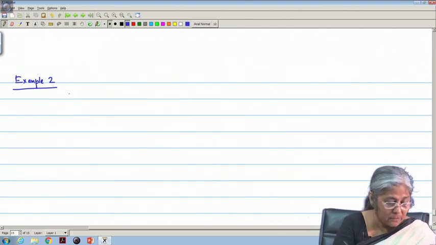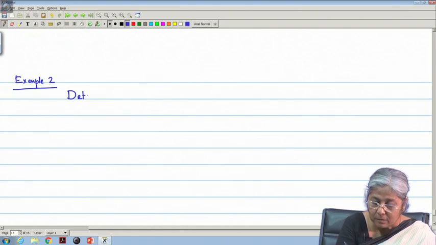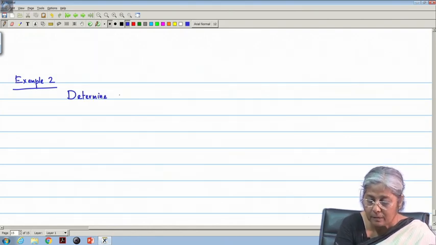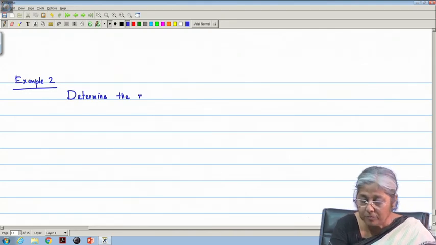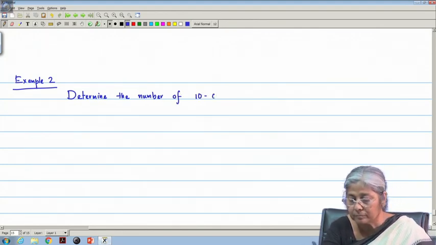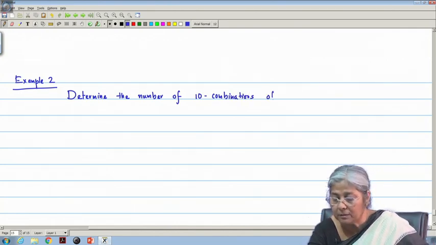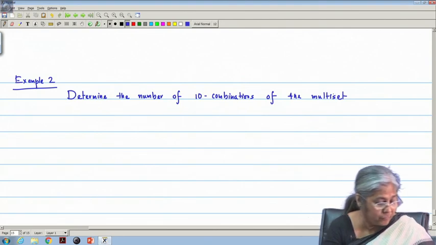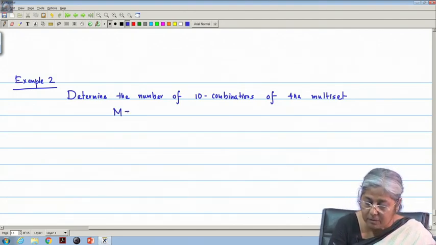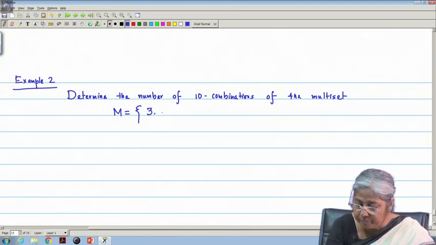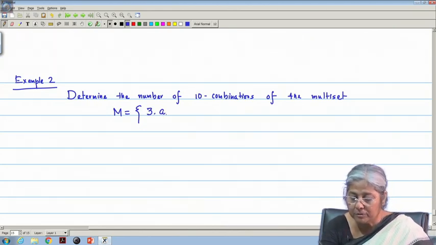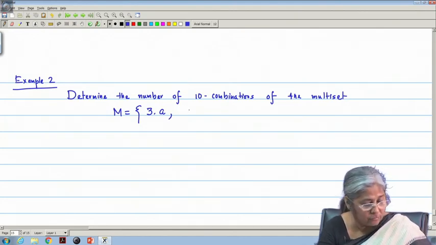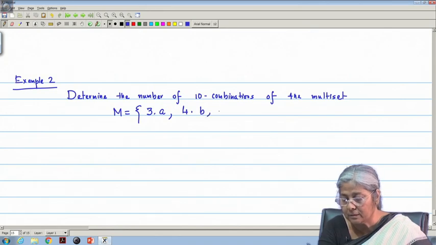The statement is: determine the number of 10 combinations of the multiset M equal to 3 A's, 4 B's and 5 C's, that is, A with repetition 3, B with repetition 4 and C with repetition 5.